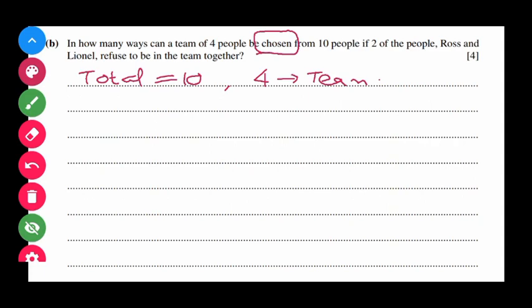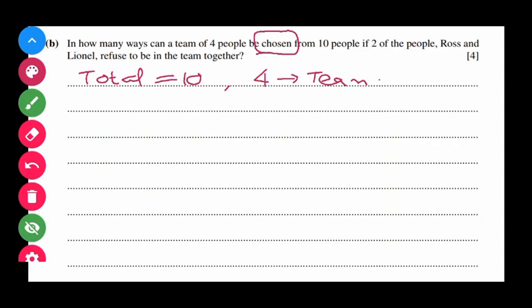They don't want to be together in the team. That means if Rose is there in the team, Lionel refuses to play, or if Lionel is in the team, Rose refuses to play. But both are never out. Okay, so how can we do this? Let's see what we can do for this.